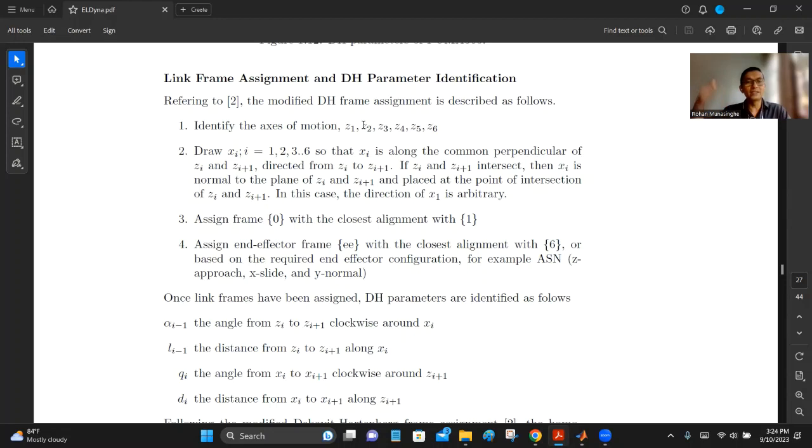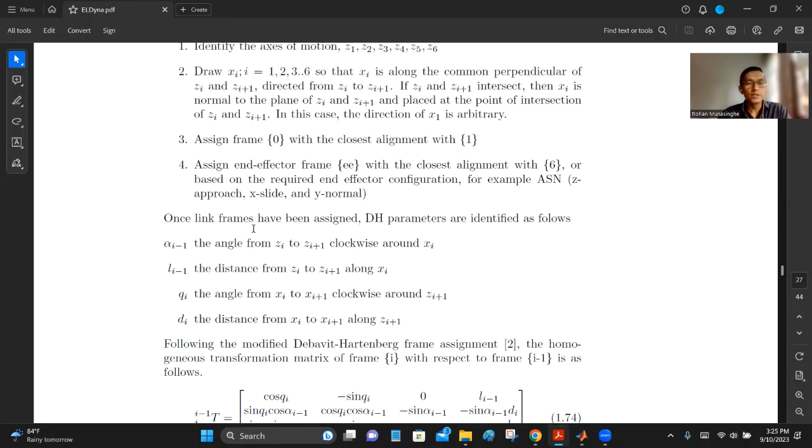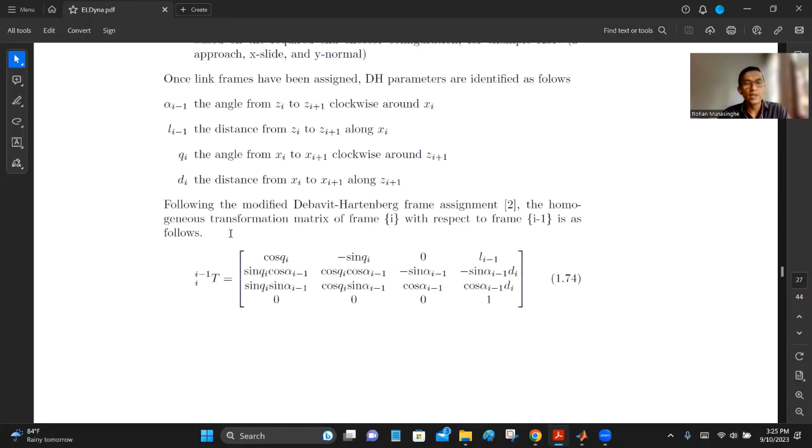You draw the Z axis and the X axis, assign frame 0, and so on. I don't want to confuse you because you have already done the standard DH table parameter assignment and coordinate frames. Don't mix it up with this one. This is just for the record only.